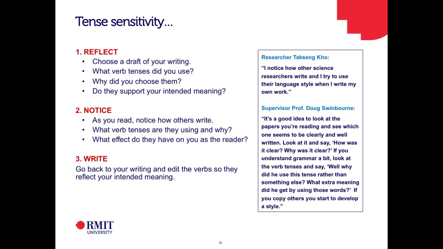Circle the verbs that are part of reduced relative clauses. The more you notice, the easier it will be to use these in your own writing. Pause the video while you read the wise advice from a PhD supervisor, Professor Doug Swinburne, and a successful graduate researcher, Taxem Co.